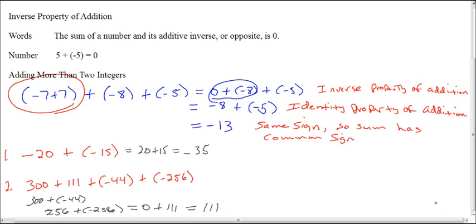Now, if you worked the problem directly, I wanted to show you what these properties look like. But if you went in and worked 300 plus 111 and got 411, and then subtracted 300 from it, because 44 plus 256 gives you a negative 300, and you came up with 111, that's all good.